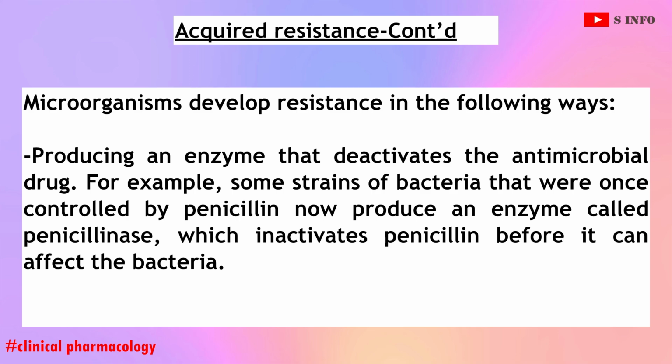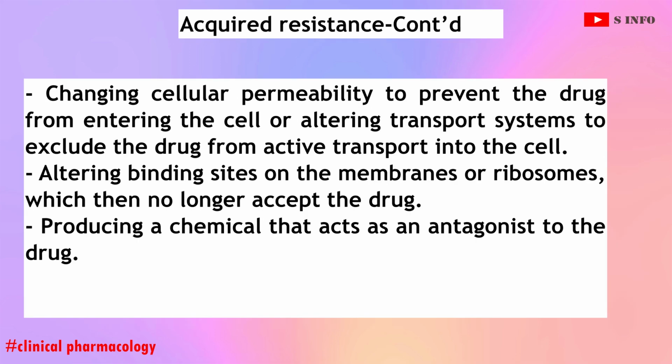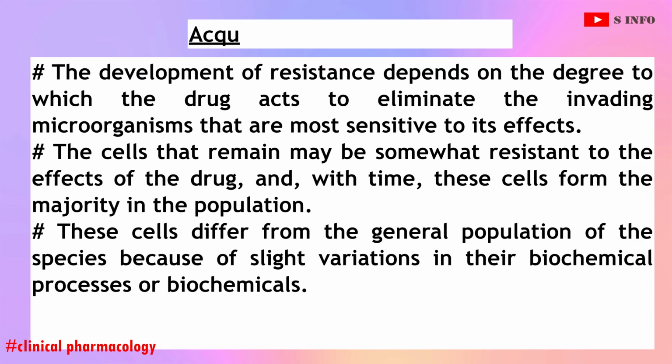Another way is changing cellular permeability to prevent the drug from entering the cell, or altering the transport system to exclude the drug from active transport into the cells. Another is altering binding sites on the membrane or ribosomes, which then no longer accept the drug, or producing chemicals that act as antagonists to the drug. That's how resistance can develop between the microorganism and anti-infective drugs.